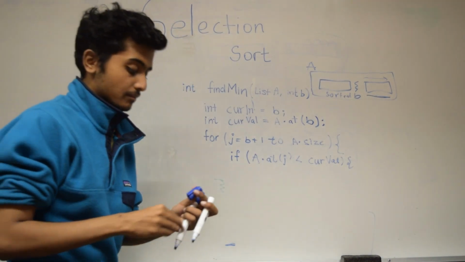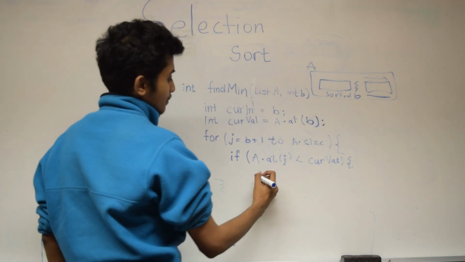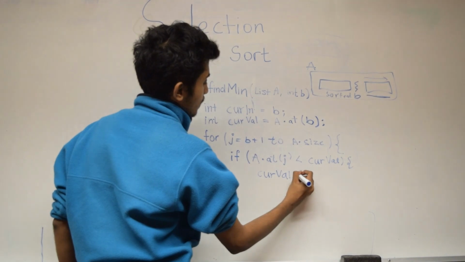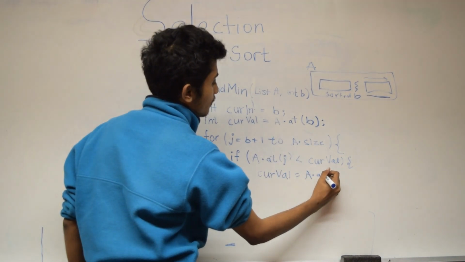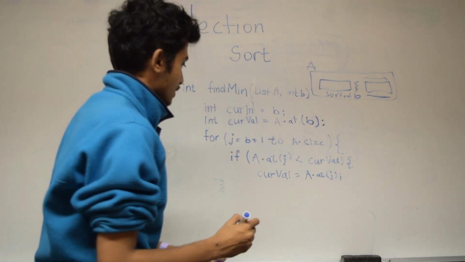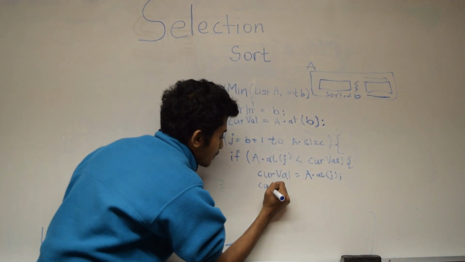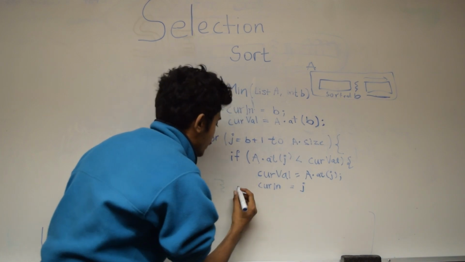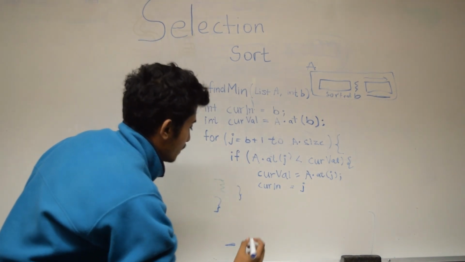we're just going to swap them. Now we're just going to make cur value equal to A at J. And then we're going to assign the current index equal to J. And then we're just going to return at the end of the for loop the value.